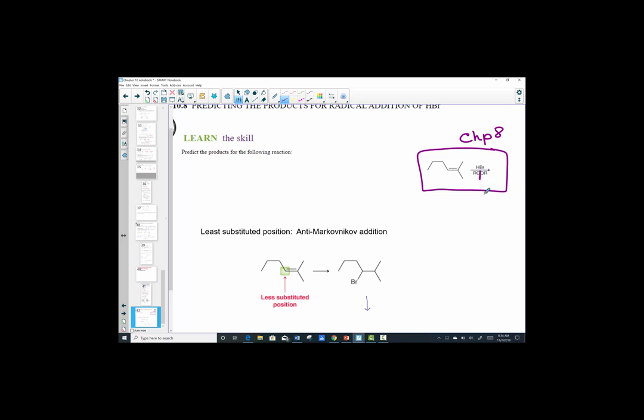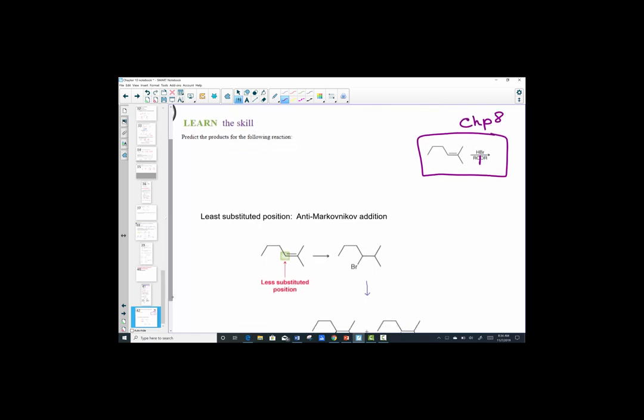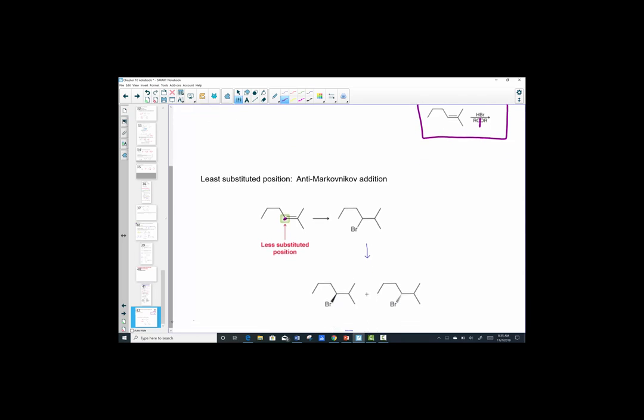The peroxide creates radicals. The radical must be stabilized, and therefore we add the bromine to the least substituted position across the double bond here, and remember that it will always add enantiomers to your position. So you can add the bromine not only as a dash, but also as a wedge.